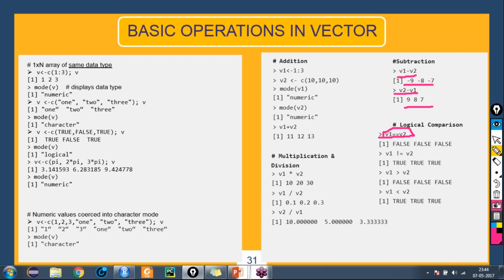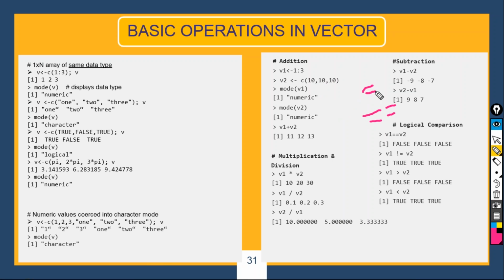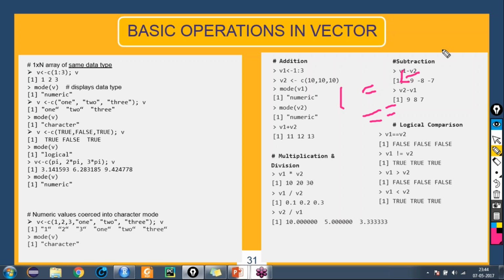This means that you're comparing. As we have told you, double equal to means comparison, single equal to, or this arrow sign, means assignment. So these are assignment operators. This is comparison. They compare, for example, whether the value of V1 at a particular index is equal to V2.